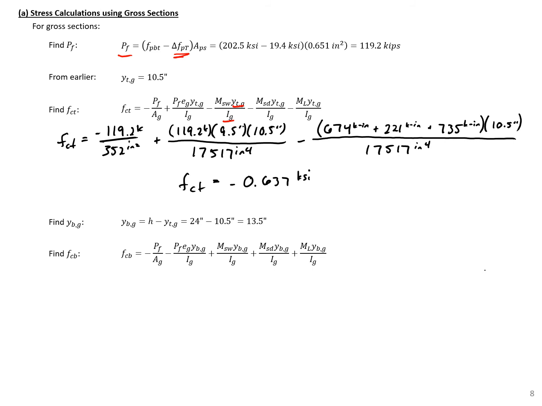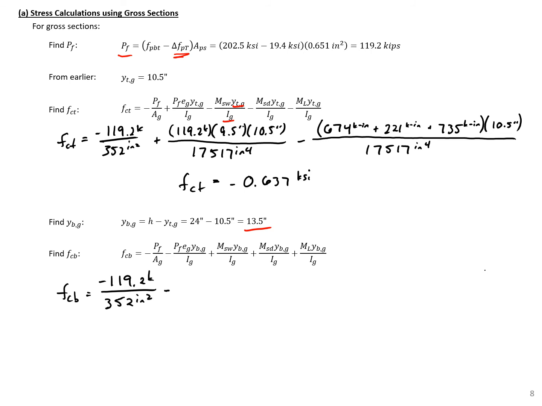Next, we can do the same thing, except with a different distance component. So the distance from the centroid of our section to the bottom fiber. So f_cb is going to be negative. Our pre-stressing is still causing compression in terms of axial stress. So negative 119.2 kips divided by 352 inches squared.